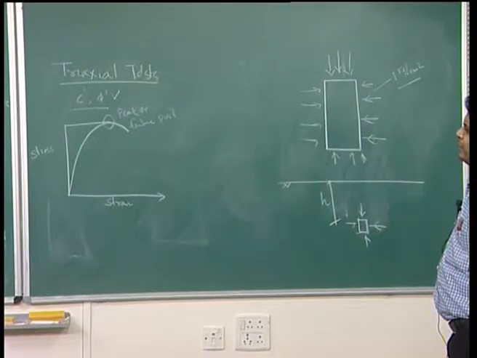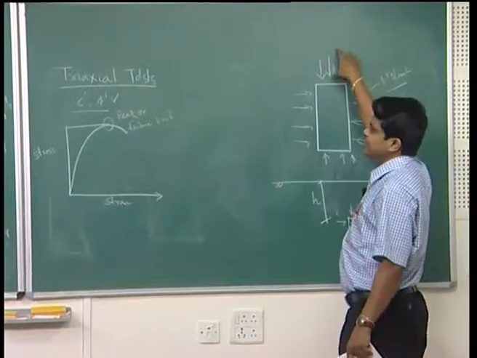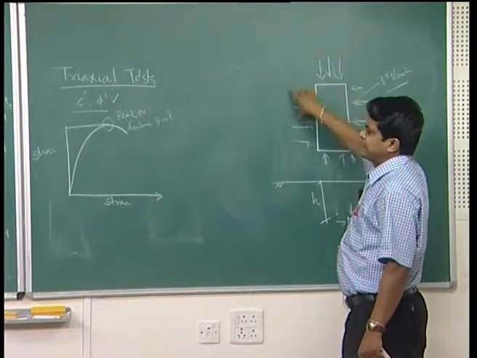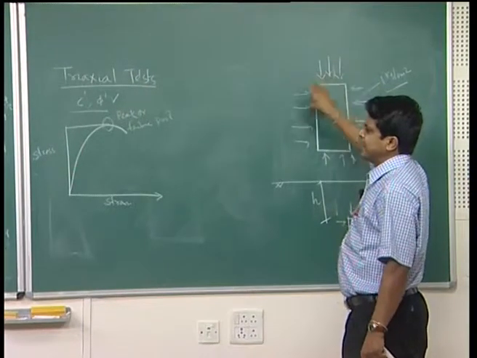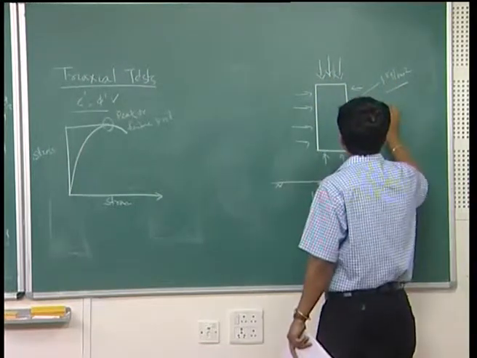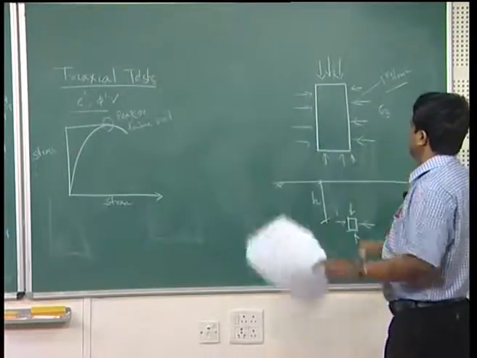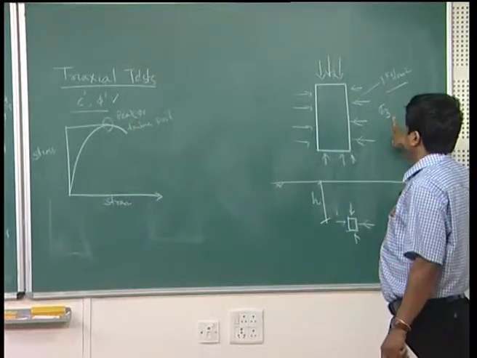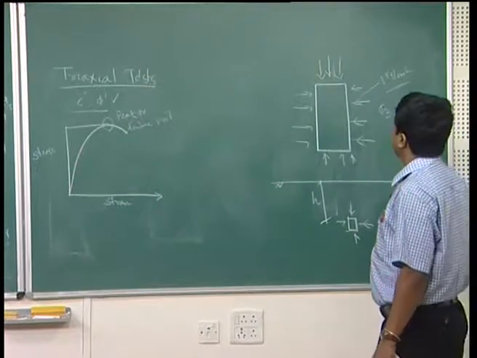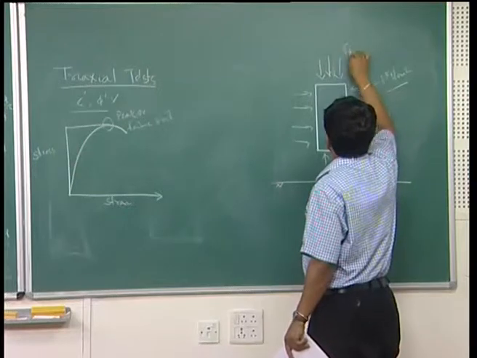Sigma 1 is the major principal stress and sigma 3 the minor principal stress. Suppose this is your sigma 3, the lateral or confinement pressure coming all round; this we call sigma 3. Sigma 1 is your vertical pressure or vertical stress applied.